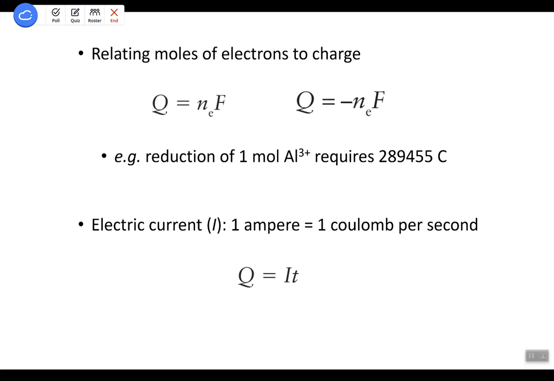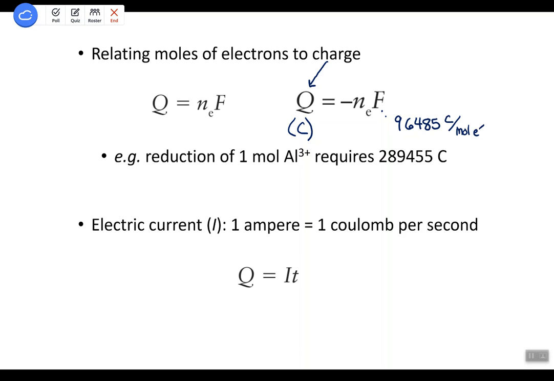So in your workbook, you have this equation here on the right, where charge, which is Q, measured in coulombs, the amount of charge, is the number of moles of electrons multiplied by Faraday's constant, which is 96,485 coulombs of charge per mole of electrons.